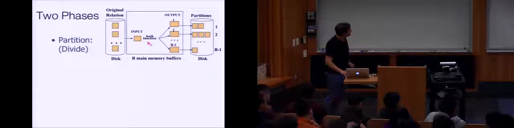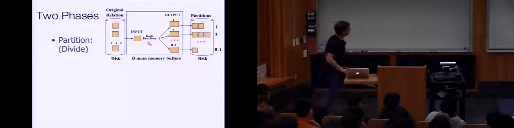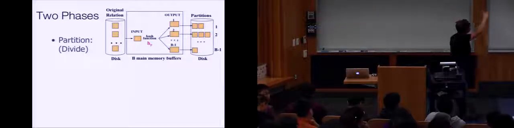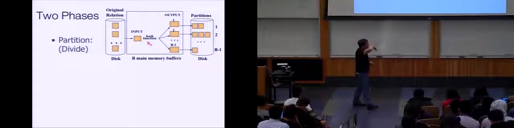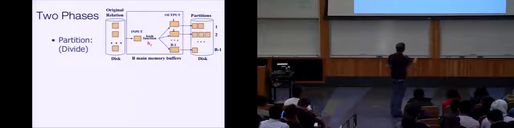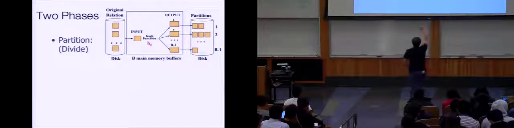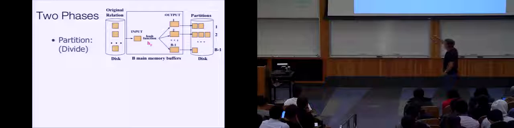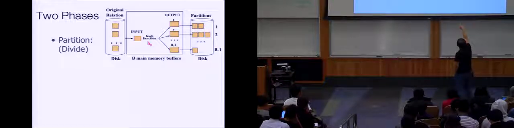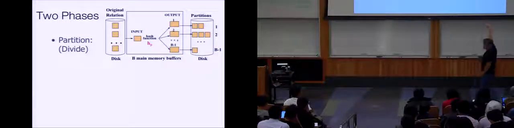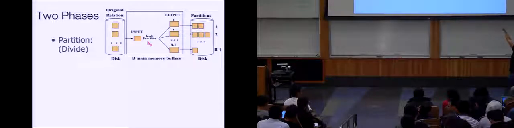All right. We'll look at a picture of it. So here's the first phase. The original relation, the original data set, is some number of blocks in some order. We don't know what. We use one input buffer to read those blocks off the disk, 64K at a time. For each tuple in that input buffer, we have a hash function which is doing that streaming thing. And for each tuple, it decides based on H sub P which of the B-1 output buffers, all the rest of memory, it belongs to.